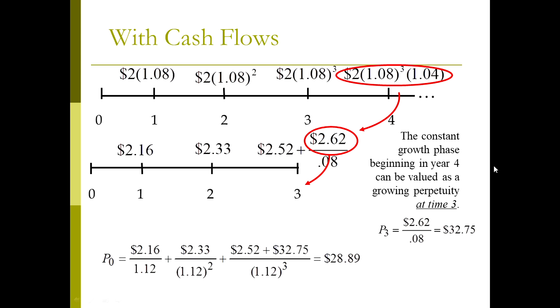Okay? As long as you know how to draw the timeline, and at some point you can start using our formula in the second case, the constant growth model, you can calculate the price. Then all you need to do is manually calculate the present value of all cash flows and then add them up.